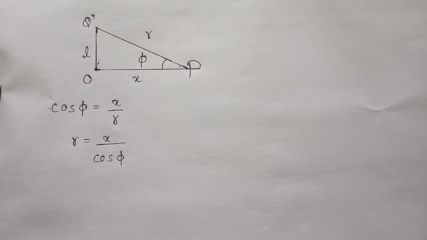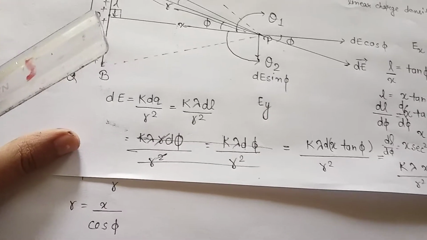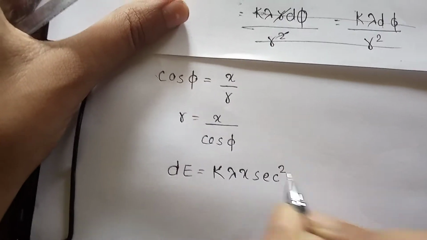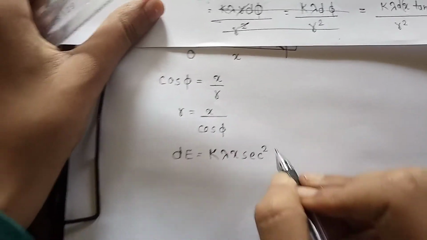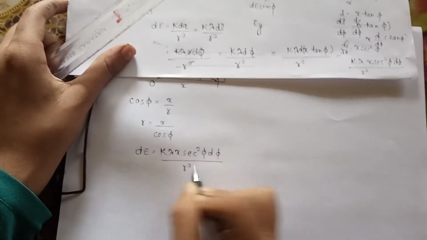In the last term of the equation we have written down that dE equals k lambda x sec square phi d phi upon r.